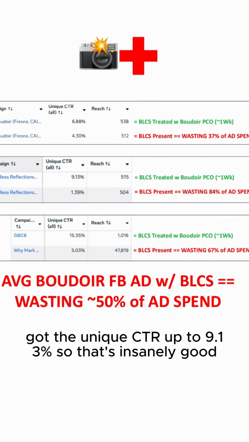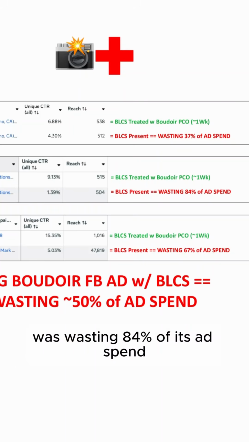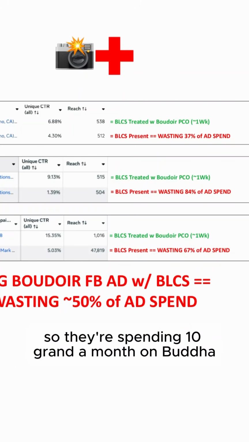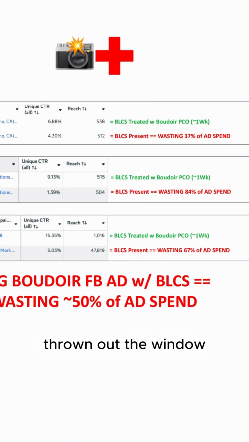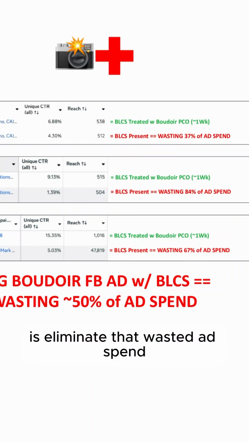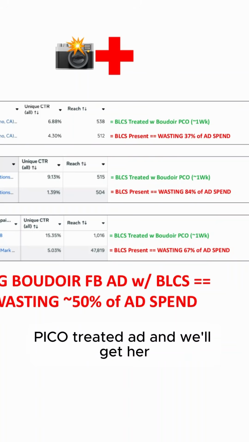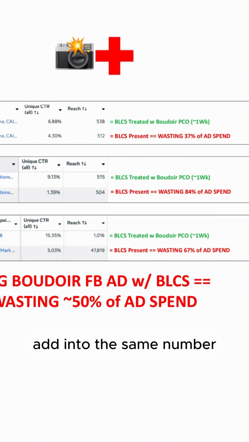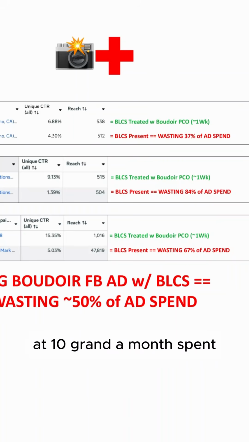So that's insanely good. We found out the original was wasting 84% of its ad spend. So if they're spending 10 grand a month on Boudoir Facebook ads, literally $8,400 a month being wasted, thrown out the window. So what we can do now with this Boudoir Pico treated ad is eliminate that wasted ad spend, only spend the difference, $1,600 a month on the Boudoir Pico treated ad, and we'll get our ad into the same number of women's brains as the original at 10 grand a month spent.